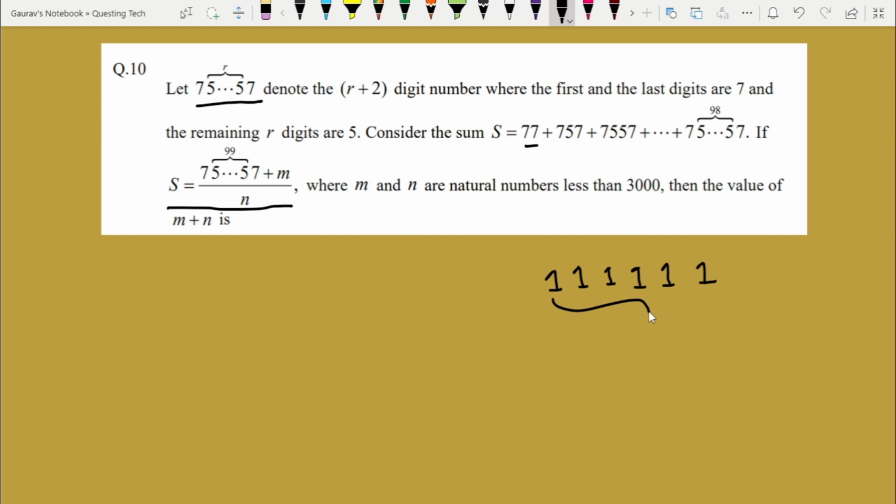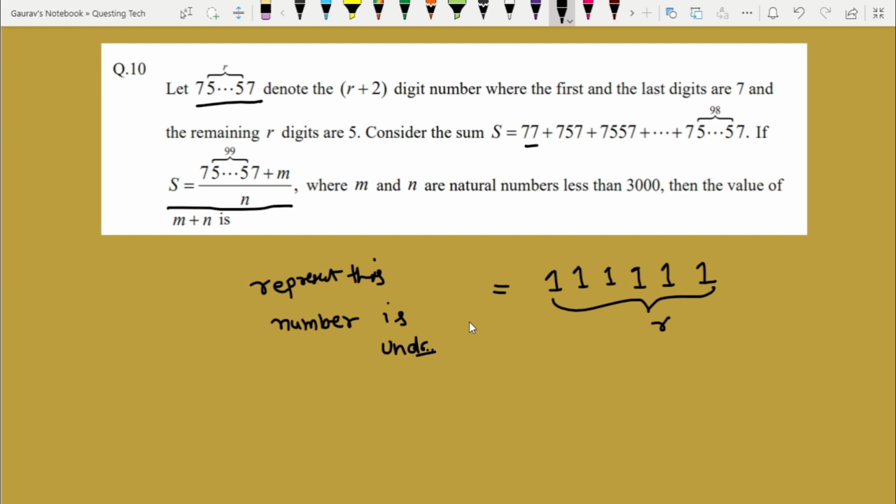For simplicity we take r ones, and we need to represent this number in an understandable manner. So how are we going to do this?